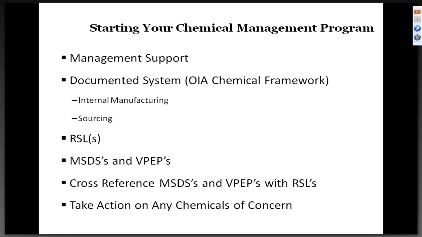It's imperative that you get accurate chemical information of your raw materials. MSDSs are inadequate. I'm hoping that the VPEP, when it comes out, is going to solve a lot of our issues. You need to cross-reference those MSDSs and the VPEPs with your restricted substances list, and then you need to take any action with regards to chemicals of concern.